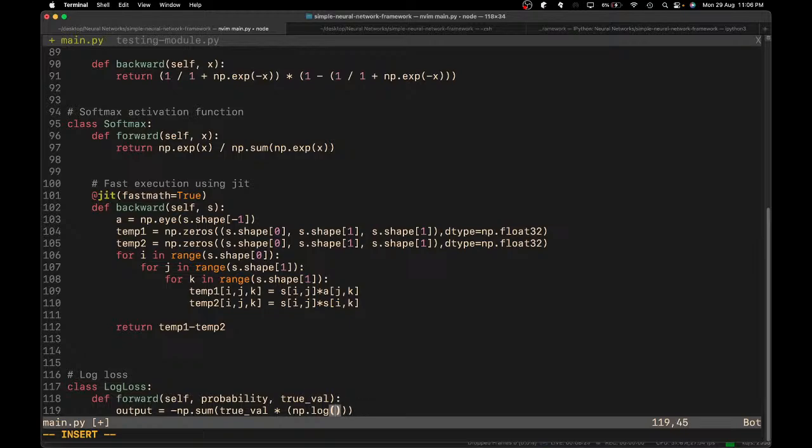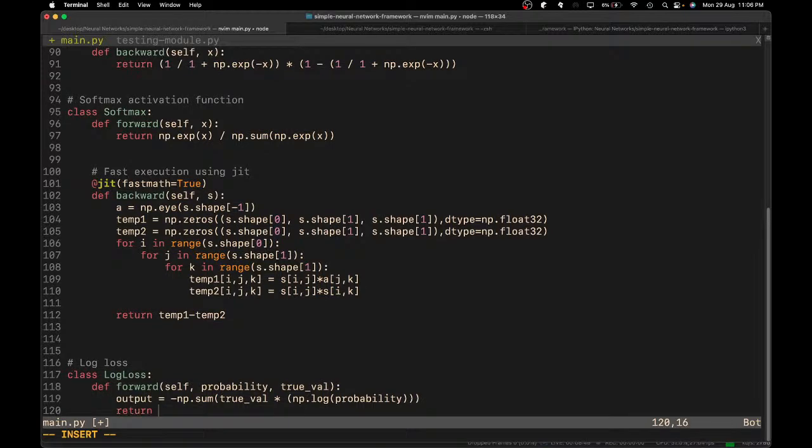I'm just gonna copy it, since I'm pretty sure I'm gonna make a spelling mistake. And I think we can just go ahead and return the output, and I think that's it.